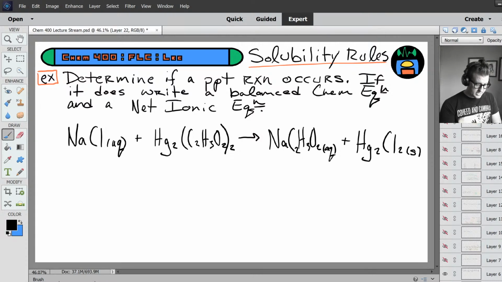First balancing, we need sodium, chlorine, mercury, and wow, carbon, hydrogen, and oxygen. We got 6 elements in this reaction.